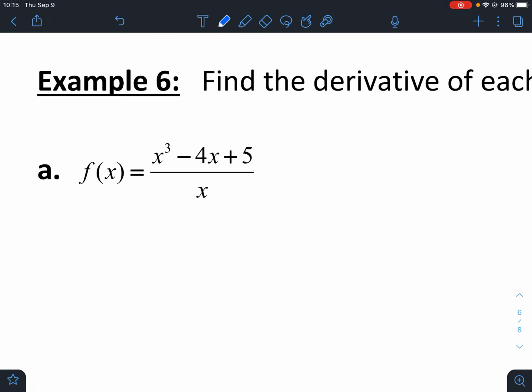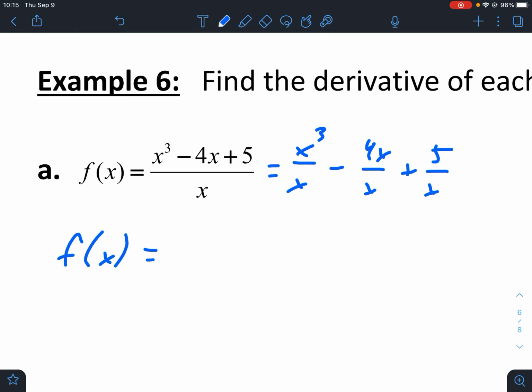So for this one, what we're going to do is we're going to break this up into 3 terms. So we can divide each term by that denominator. And then rewriting that, we get x squared minus 4 plus 5x to the -1.